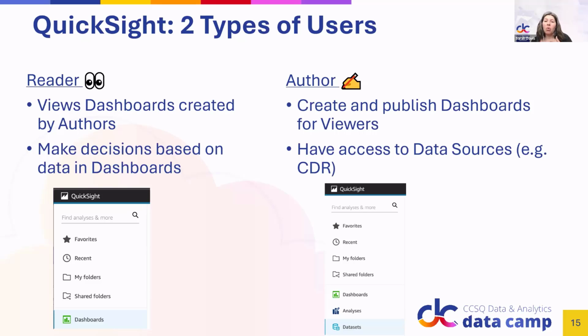You need to request an author role in HARP to get access to analyses and data sets and actually create a dashboard. And then dashboards in QuickSight are shared with your readers or your viewers. You also have access to the data based upon your permissions elsewhere within the CDR to those data sets. All right, next slide.